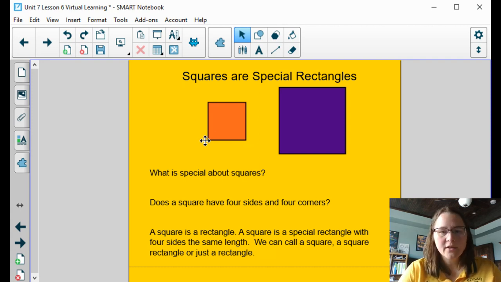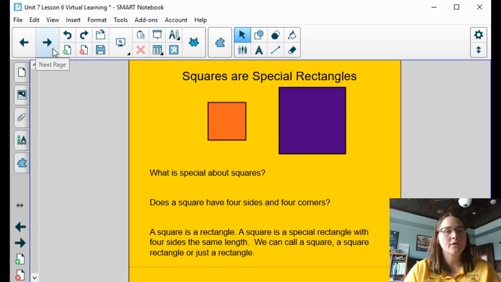But squares, boys and girls, they're special rectangles because all four sides are the same length. So a square is a rectangle. A square is a special rectangle with four sides all being the same length. And we can call a square a square, we can call it a square rectangle, or we can just call it a rectangle. That's what makes squares special rectangles.